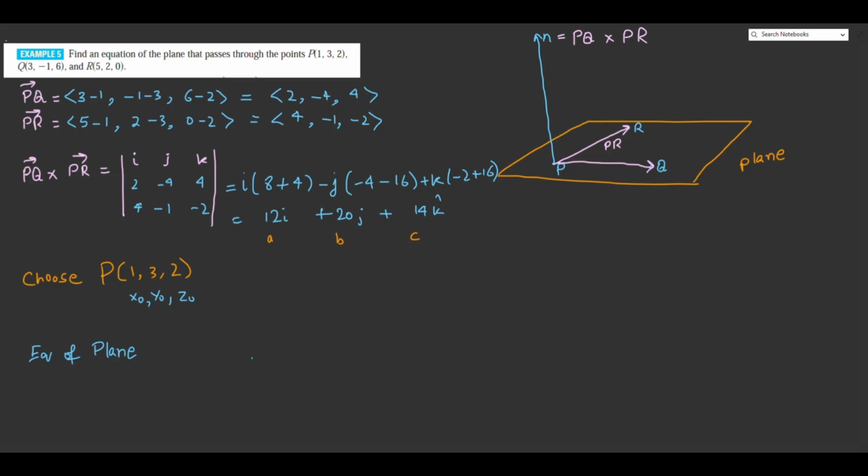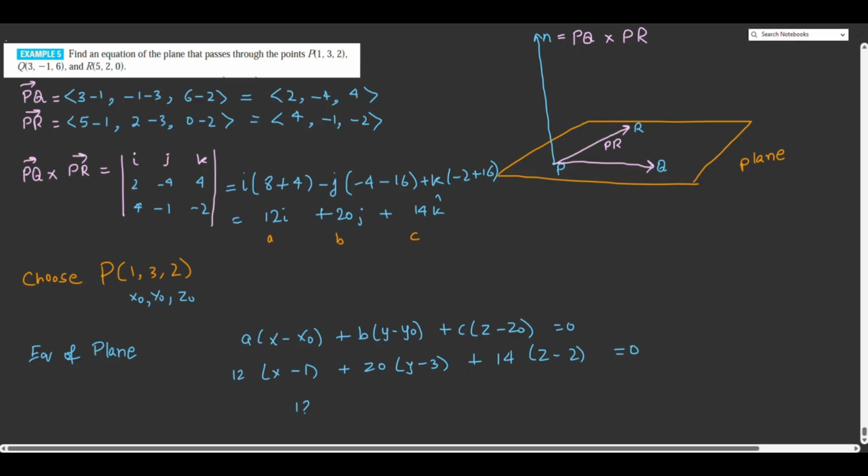We know that the equation is a(x minus x0) plus b(y minus y0) plus c(z minus z0) equals 0. Substituting everything here, we get 12(x minus 1) plus 20(y minus 3) plus 14(z minus 2) equals 0.